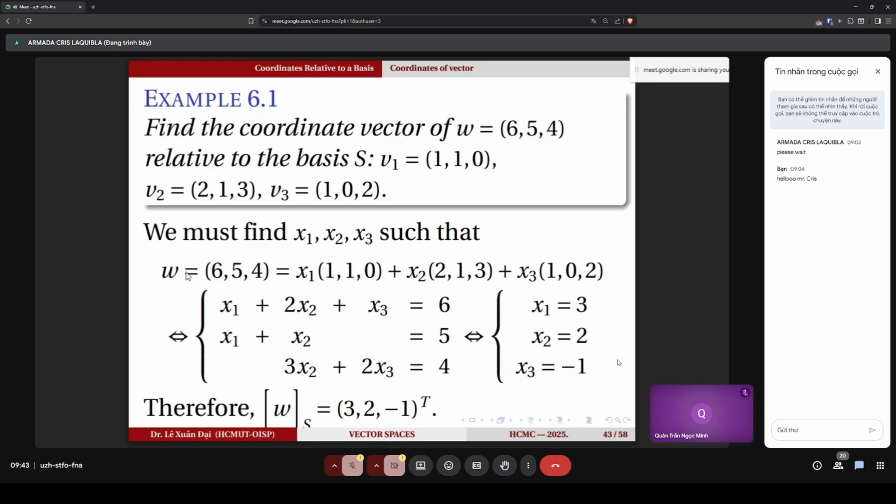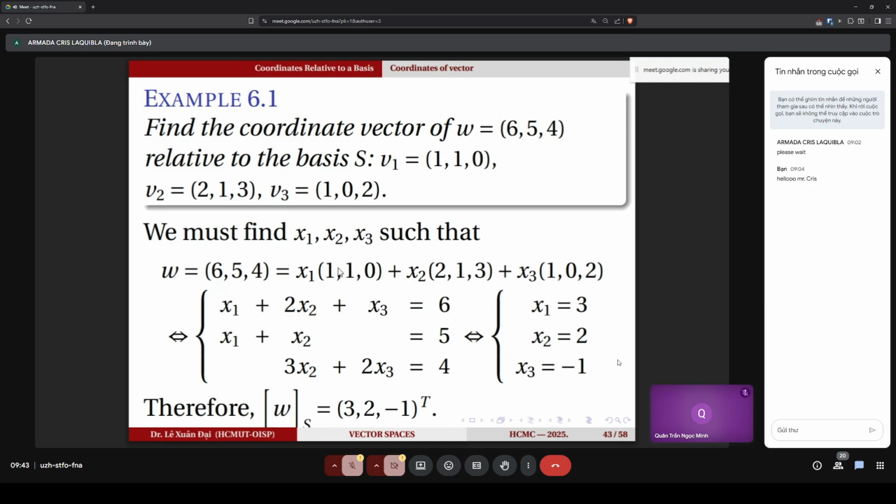W is equal to (6, 5, 4), and it's equal to, we multiply x1 by the first vector, then x2 by the second vector, and then x3 by the third vector. You might ask, can we use lambdas, like lambda 1, lambda 2, lambda 3? Yeah, it's up to you. You can use the variable lambda. Now next, you substitute and multiply it here, class. So add the first components. The first component here is 6.